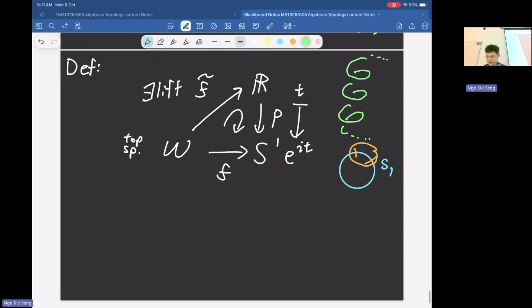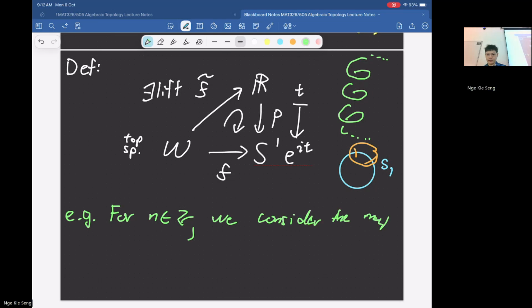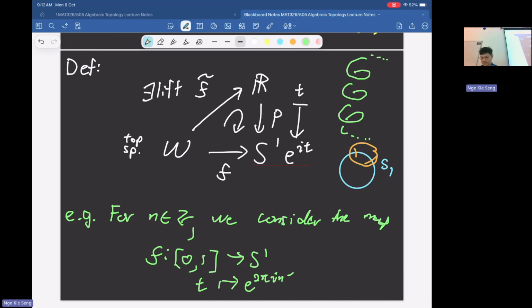Let's look at some examples. Let's fix some n, and we consider the following continuous map, an example I borrowed from calculus 2. From the unit interval, t goes to e to the 2 pi i n t.